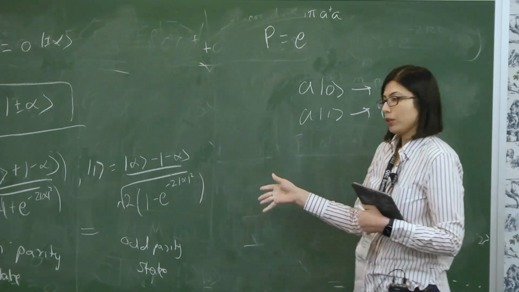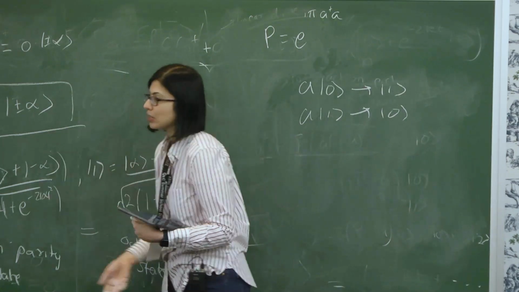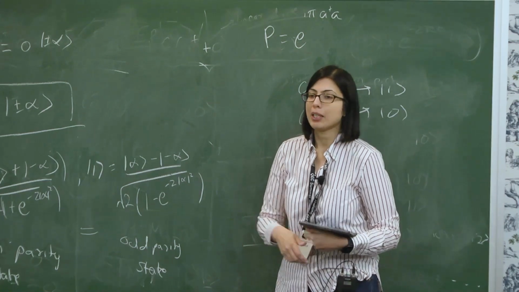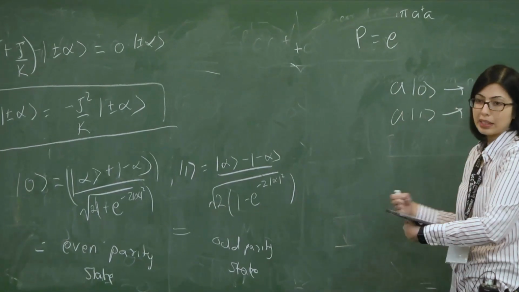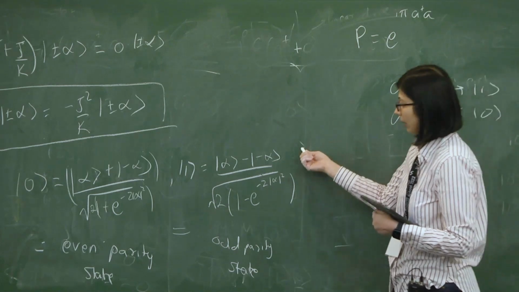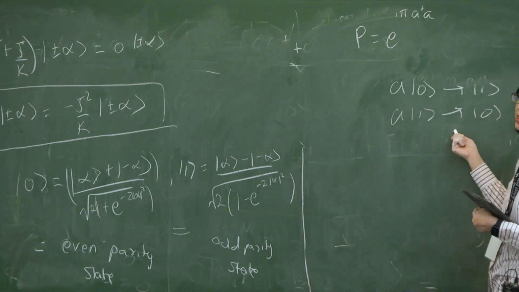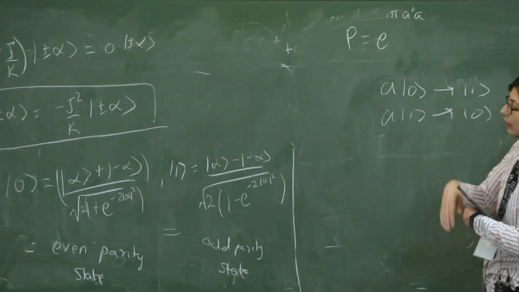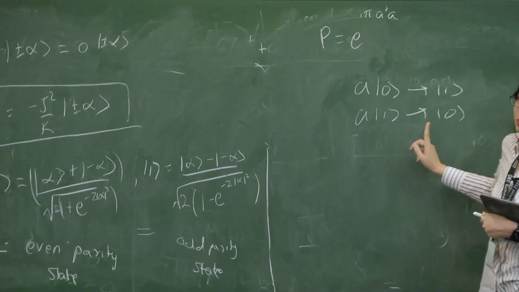So then why am I even talking about this? Because the whole speech to you before was that you can realize this protected code space in the big oscillator Hilbert space. I will show you next time we meet that the Kerr-Cat qubit is not protected against single photon loss, but the common errors in the oscillator will cause 0 to go to 1 and 1 to go to 0.